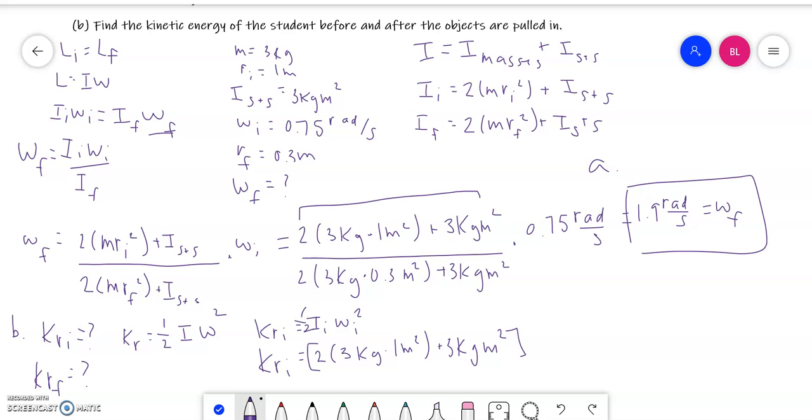Excuse me, I lost the 1/2. And when you put this in your calculator, you will get 2.53 joules.